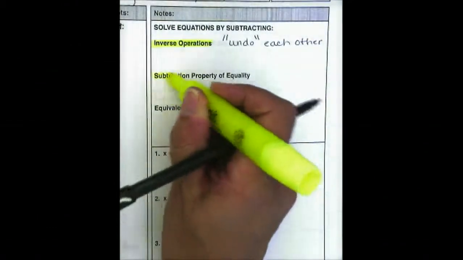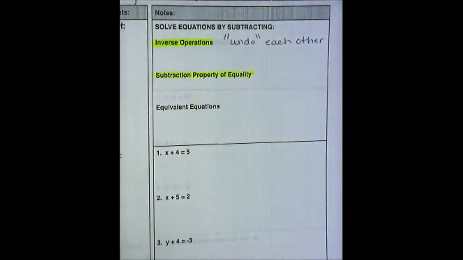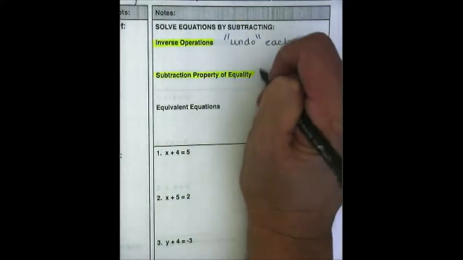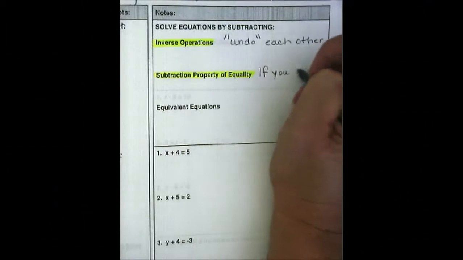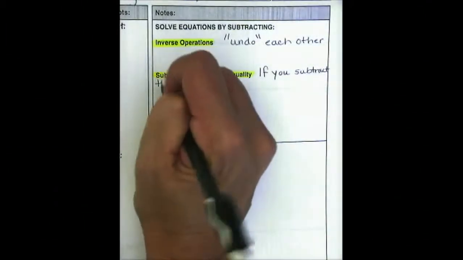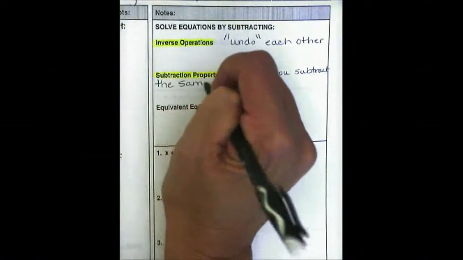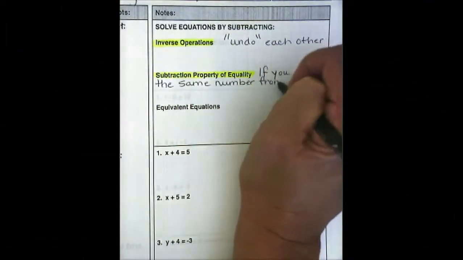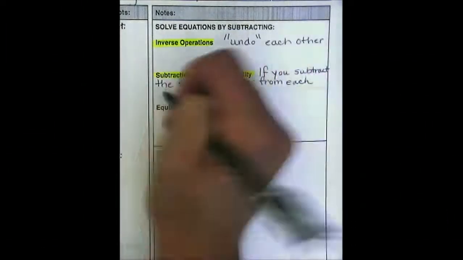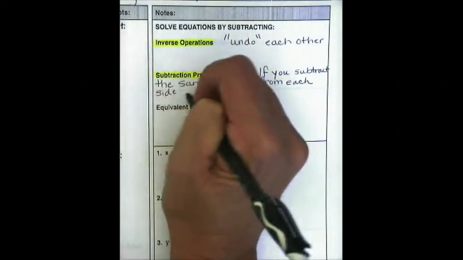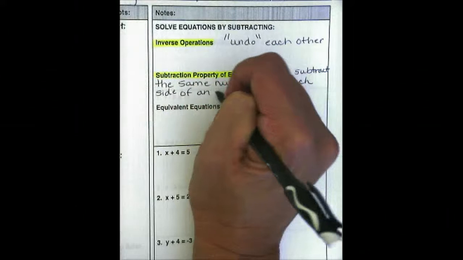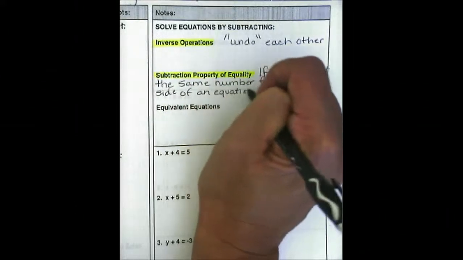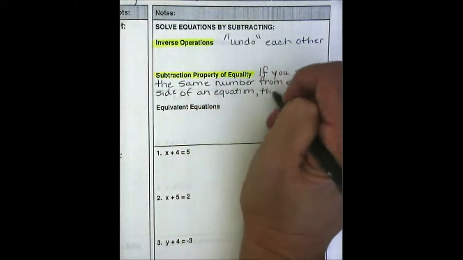Next, we have the subtraction property of equality. We're just adding to our list of properties that we've already discussed this quarter. This property says that if you subtract the same number from each side of an equation, the two sides remain equal.